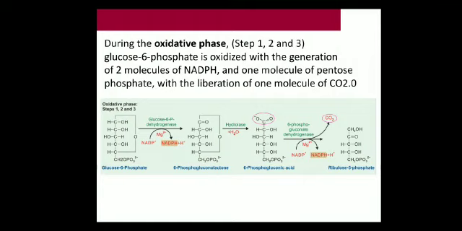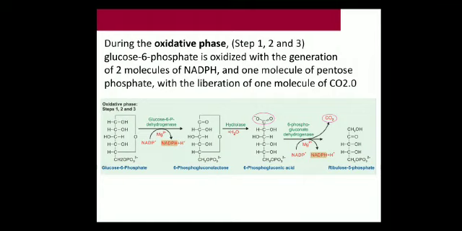There is hydration, that is addition of a water molecule. Then 6 phosphogluconic acid is converted into ribulose 5 phosphate, which is a pentose. Here there is liberation of carbon dioxide and again generation of NADPH plus H plus.